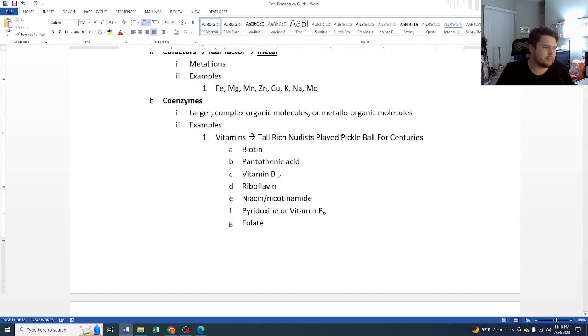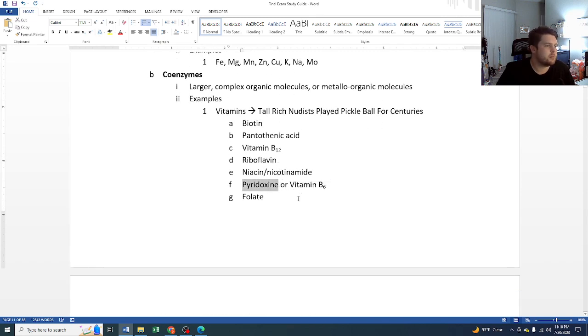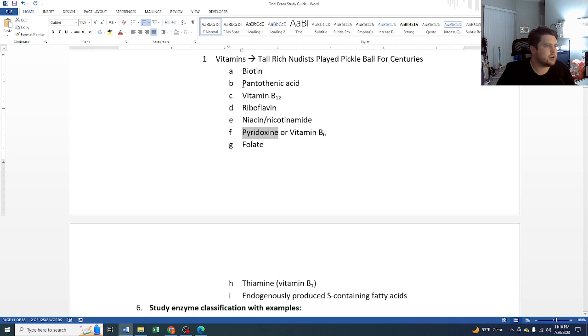I get the P's mixed up. One is pyridoxine. The other is, I'm spacing on the name, biotin, folate, and cobalamin. Alright, there's pyridoxine and pantothenic acid. Those are the two B's. There we go.